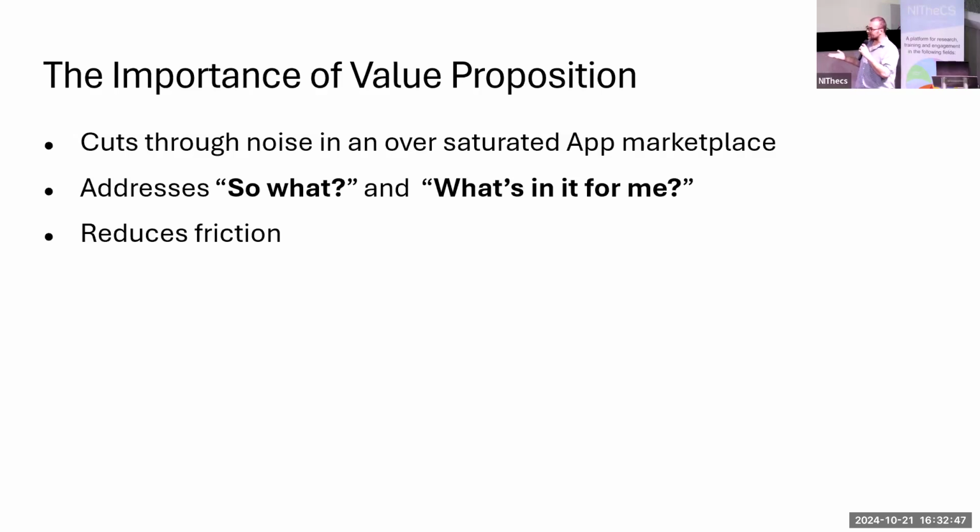Why do you actually want to report these things and help people like Ruan do this and get this biodiversity data? So the challenge we have is actually not a tech problem, it's a marketing problem. And, you know, we need to answer this, what's in it for me, and the so what, and reduce that friction. We need to make it seamless for somebody on their smartphone to start capturing data for us.